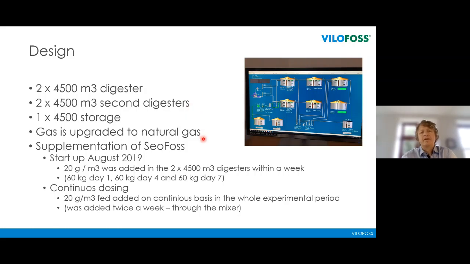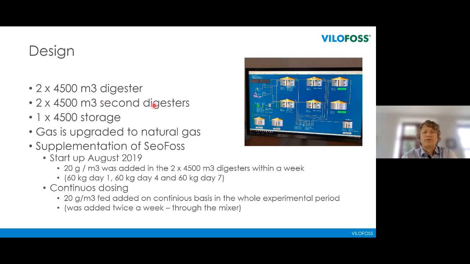And the way we performed the trial was that we started supplementing with the Seofoss with 20 grams per cubic meter, which was supplemented to the first 2 digesters here. So we calculated, first of all, the amount needed, 20 grams per cubic meter for these 9,000 cubic meter.